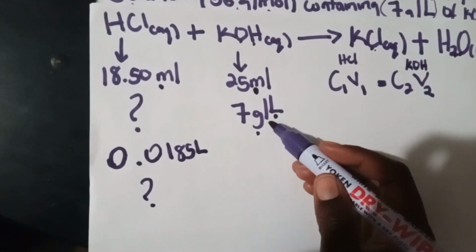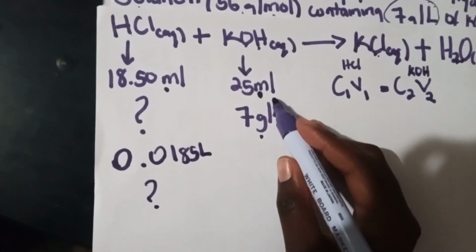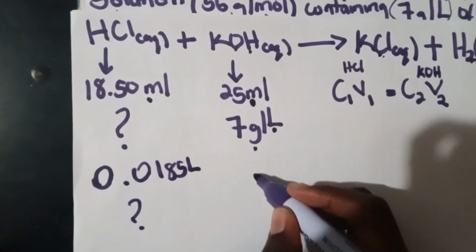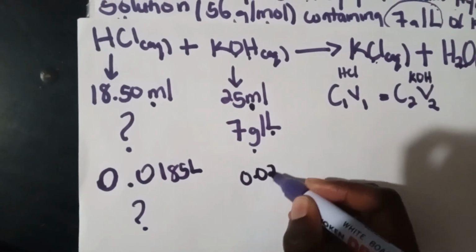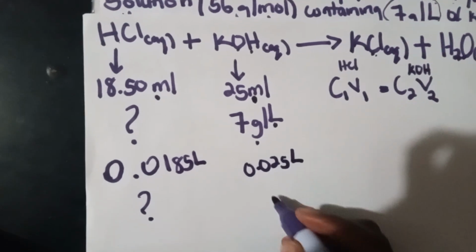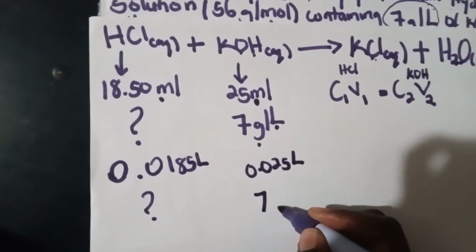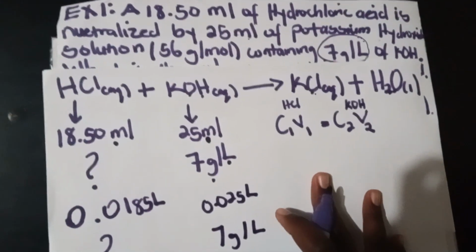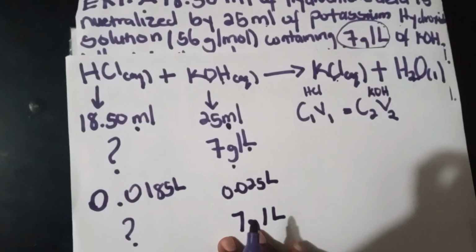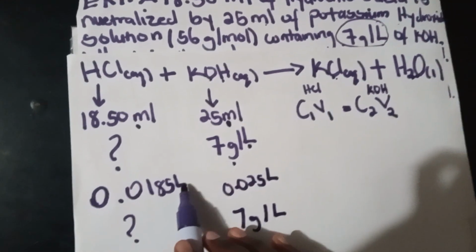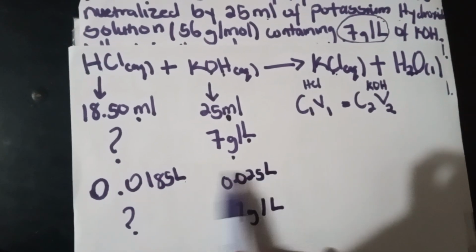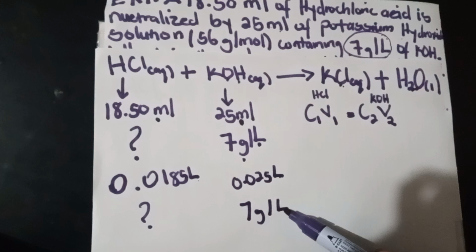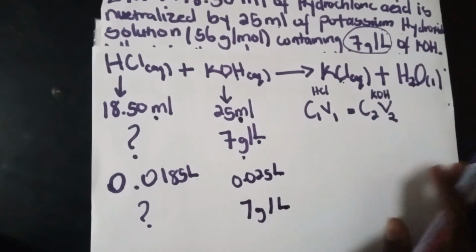And the 25 milliliters to liters, we then get 0.025 liters with a concentration of 7 grams per liter. Once we do that, we have all our volumes in the same units as well as our concentration, so we can proceed with our C1 V1.